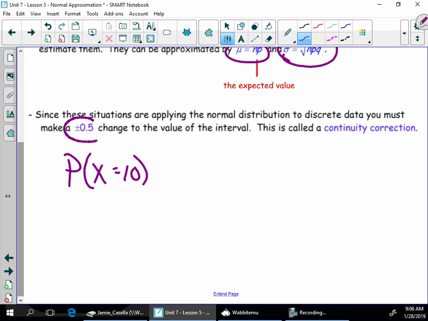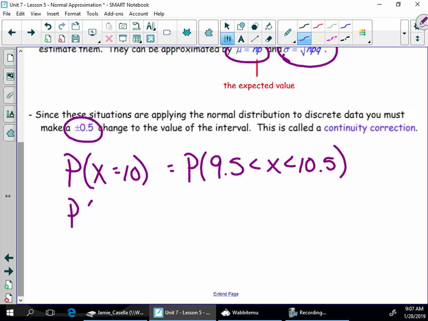That is a plus or minus 0.5 adjustment to get rid of the equal signs. Okay, so for instance, if I want to get exactly 10, no, I don't want 10. I want between 9.5 and 10.5. That way, the only discrete whole number I can get is 10. I've turned something that was an equal sign into an interval.